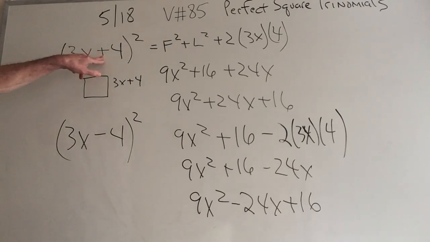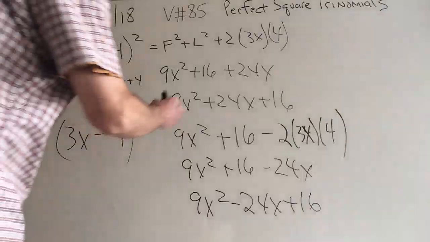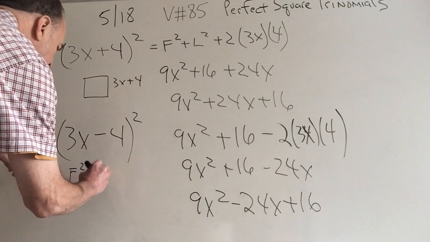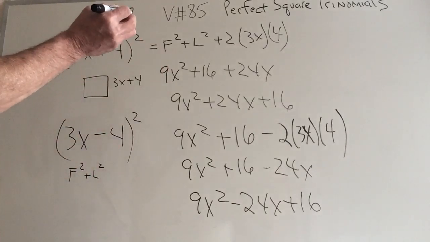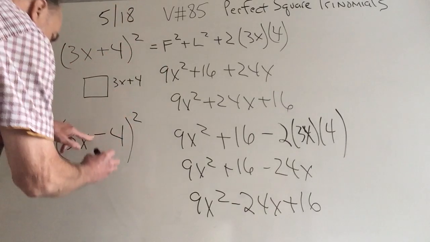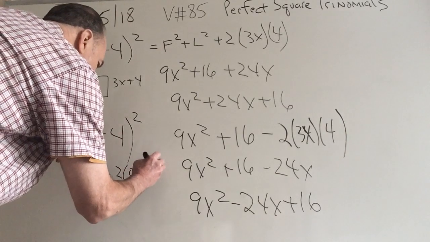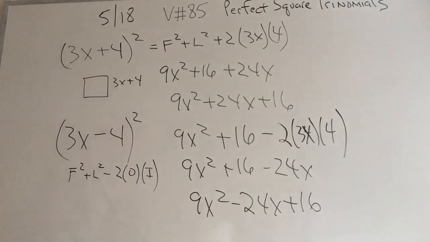If the second term is positive, then of course what we did over here is f squared plus L squared, because any number times itself has to be positive, right? So we don't have to worry about that. But because the second term was negative, then we did this. So there you go. There's a basic technical explanation that finishes it forever as long as it's a binomial times itself. So a binomial times a binomial gives you the FOIL, and these are the patterns that are formed.